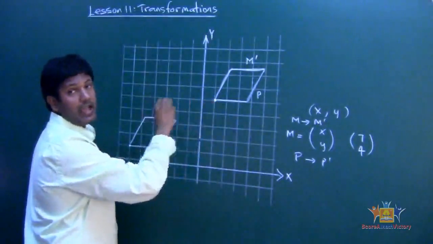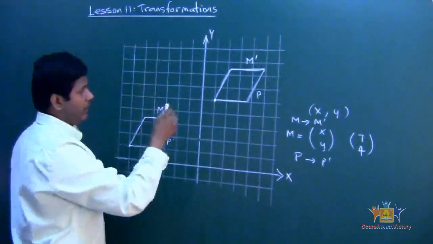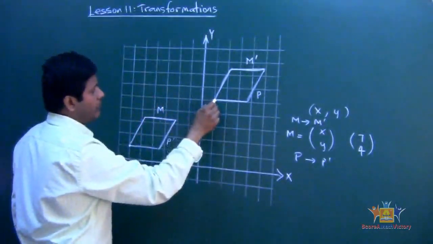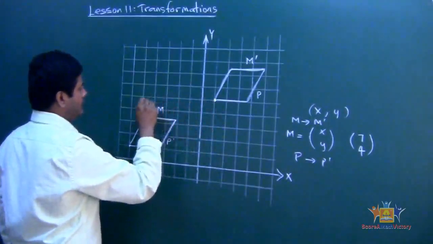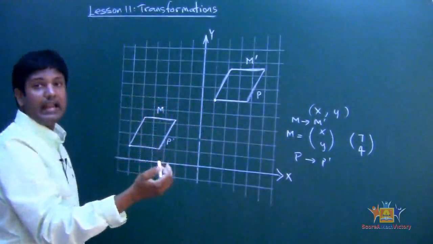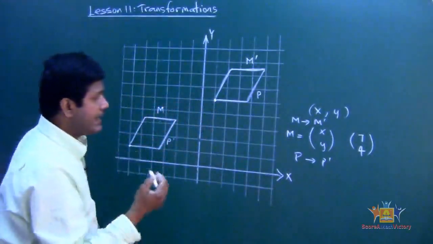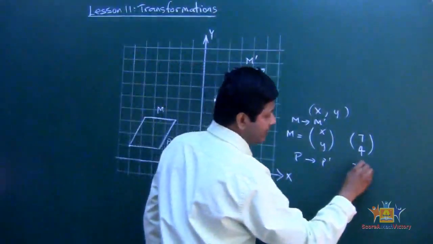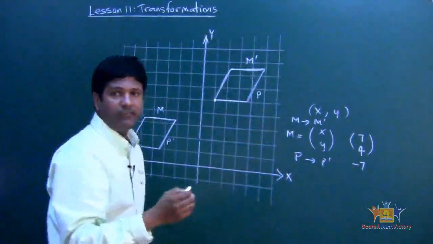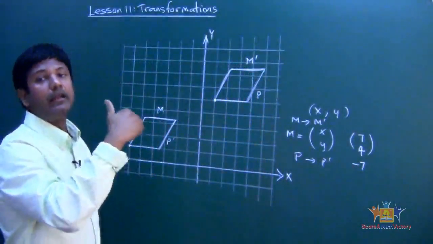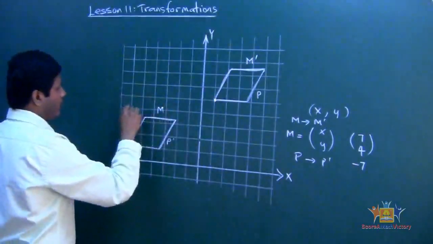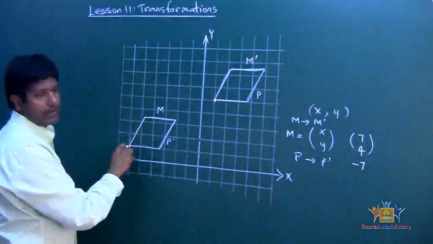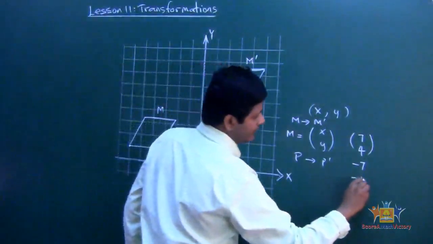The X, and then Y. So in this case, we're going 1, 2, 3, 4, 5, 6, 7 to the left. When I go to the left, it's -7. The negative represents going to the left, and going down is also negative. So I went left 7, and then 1, 2, 3, 4, I went -4. See that?